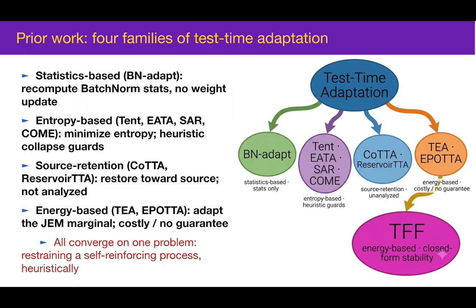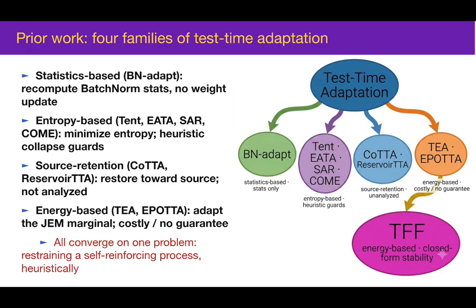And then the second family is entropy based, like TENT. And entropy here means how unsure the model is. So this method pushes the model to be more sure of its predictions. And then the third is source retention, like CoTTA.